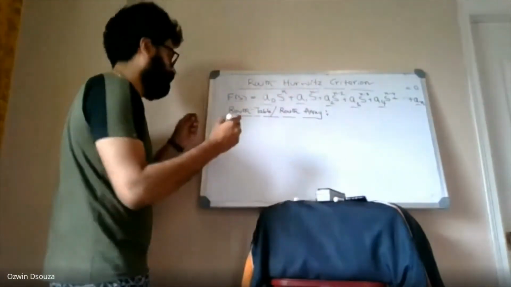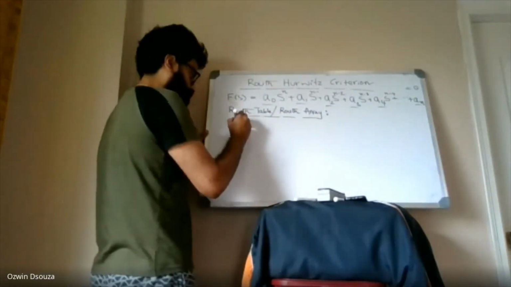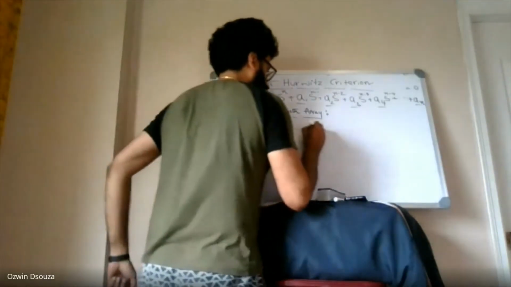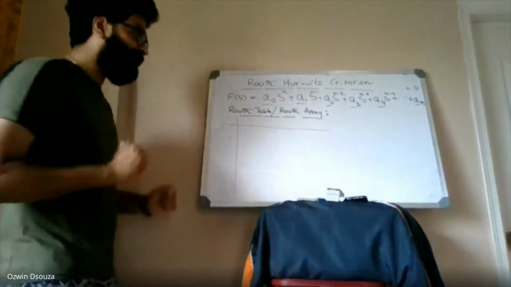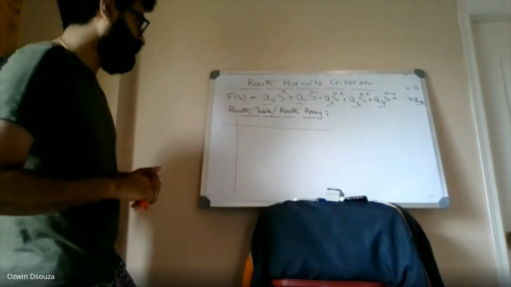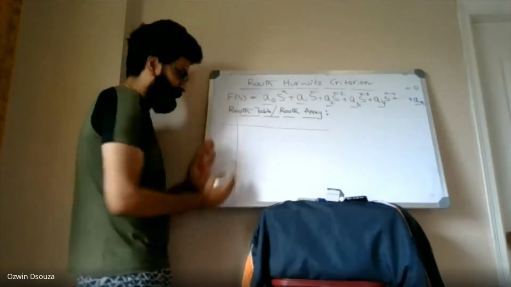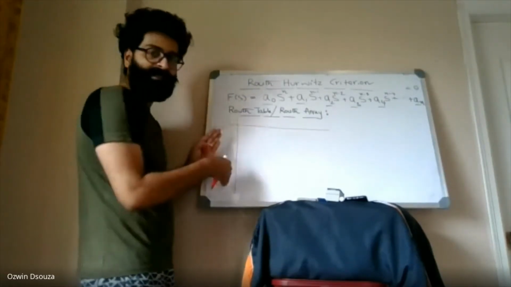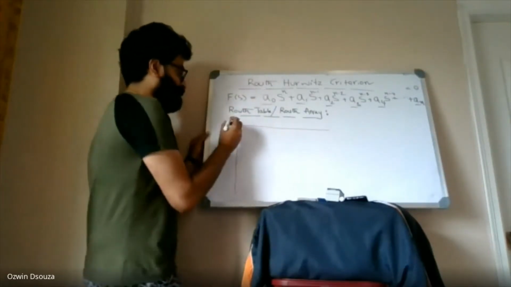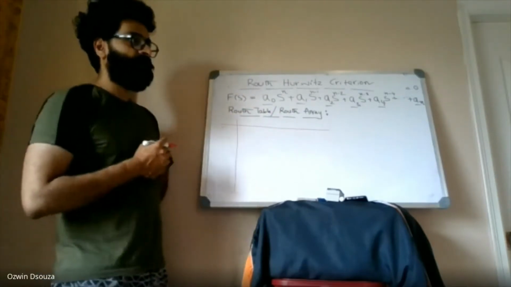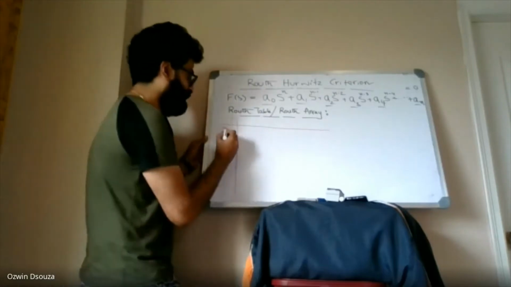Okay, so please carefully observe. To create a Routh table, in the first column, which I would call the index column, you have to start writing down the powers of s, starting from the highest power.